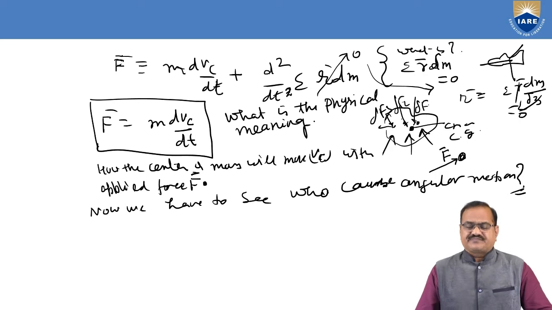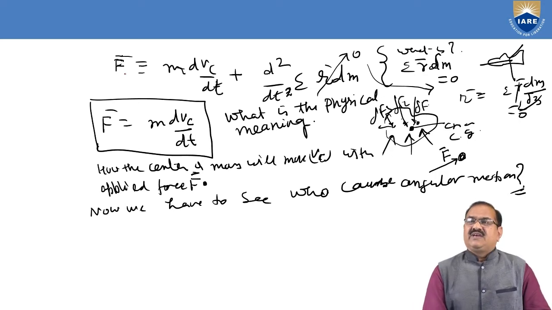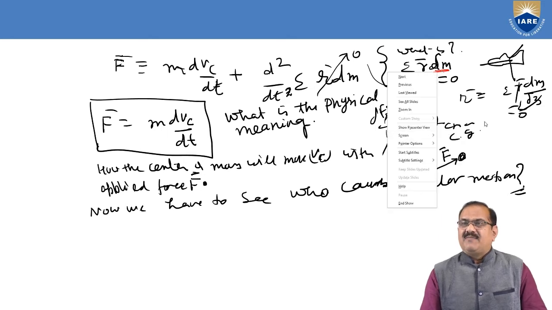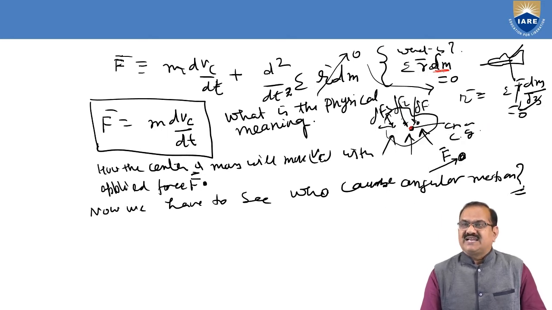Now next, if you take one aircraft, here this r is a location vector. So here the integral of r bar dm is equal to 0 because there is no change in mass. We have assumed that mass is at one point here.